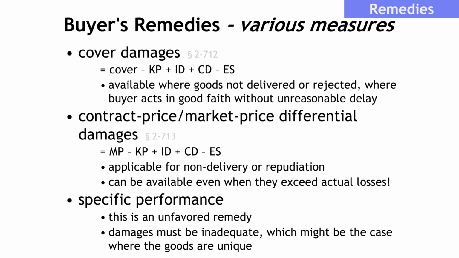Then finally, specific performance. So specific performance is an unfavored remedy for buyers as it is for sellers. You have to show that damages are inadequate, and that might be pretty easy to do where the goods are unique. So if you contracted to buy an antique book, there's only one copy of it around, now you're not going to get the book.